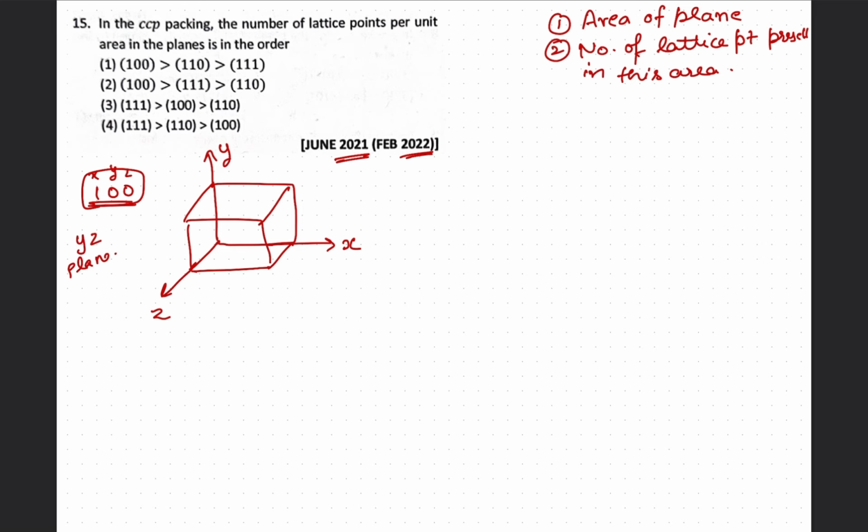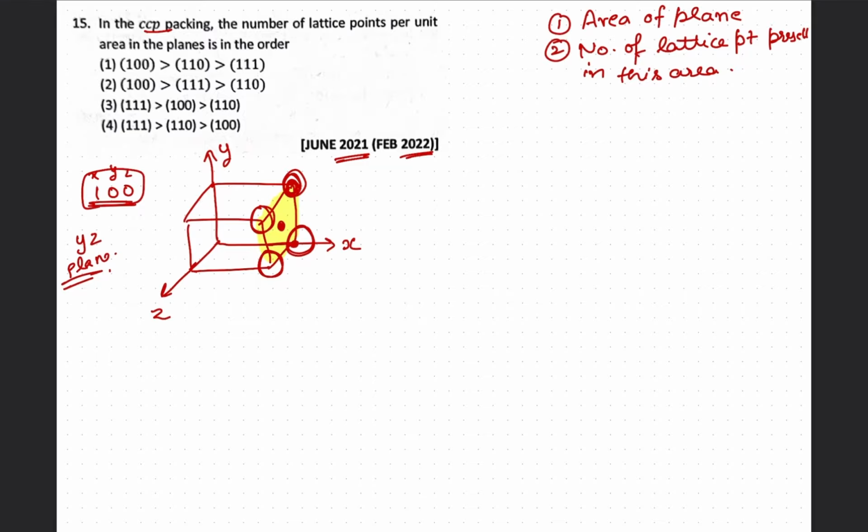Now the yz plane means this one, right? Now you have to see, because it is cutting the x axis, it is parallel to y and z. Now in this plane this is an FCC, so 1 will be present here at the center and then at the corners, right?